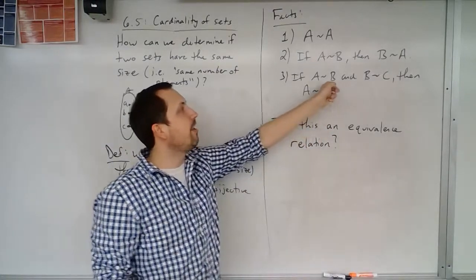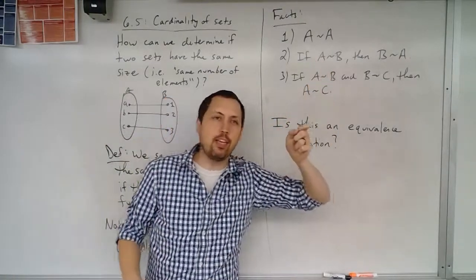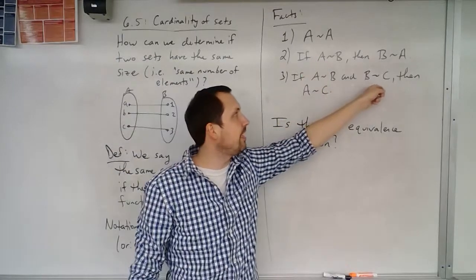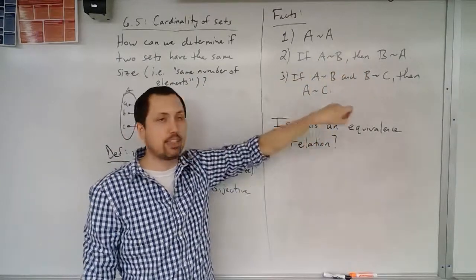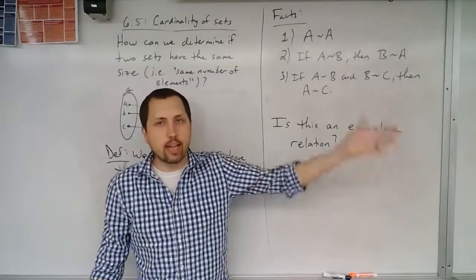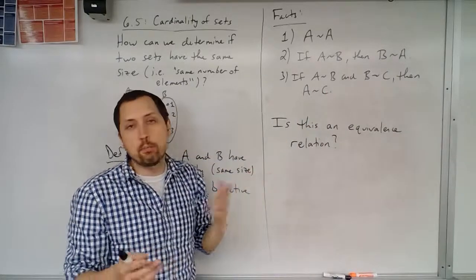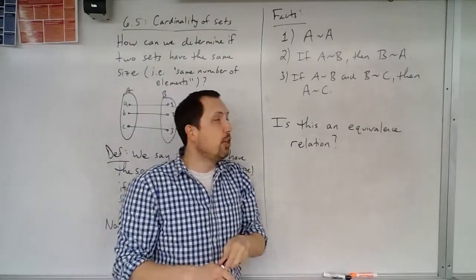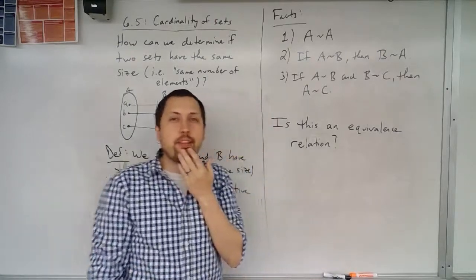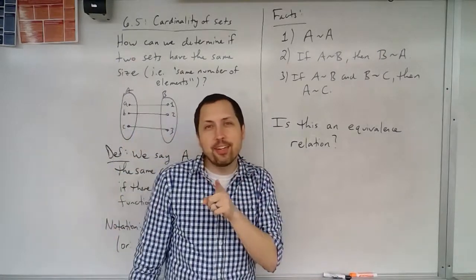And this last one: if A has the same cardinality as B, and B has the same cardinality as C, then that means that A has the same cardinality as C. So again, talking about bijective functions, this should make sense. So you should be thinking, wait a minute, I know where he's going.